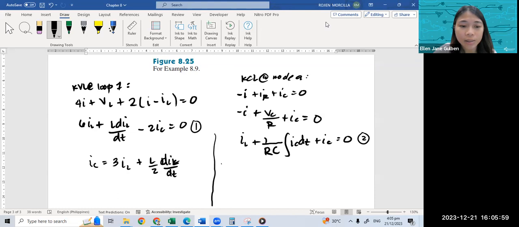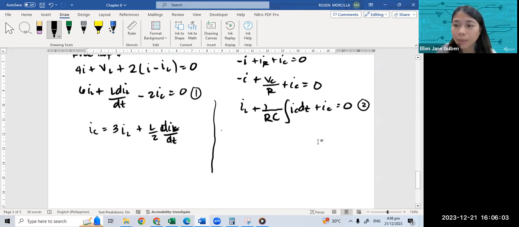Okay, so we have this. Or we can do right here. We have negative I. If IL is equal to 1 over RC integral of IC dt plus IC.